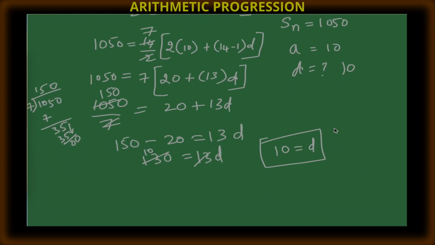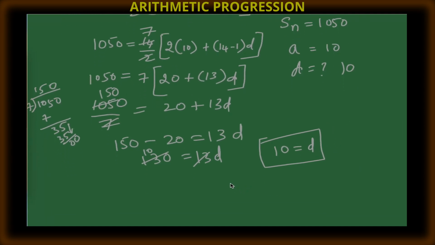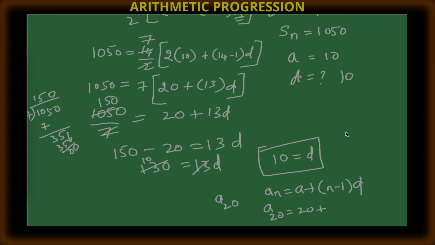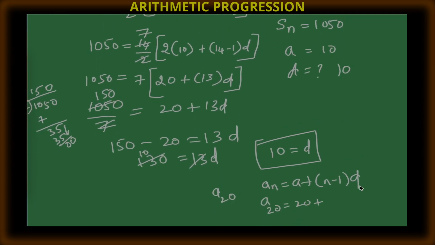How do you identify the nth term? It's asking for the 20th term, which is a20. We have a formula: an is equal to a plus n minus 1 into d. So a20 is equal to 20 plus, what is n here? Let's see, n is 14.